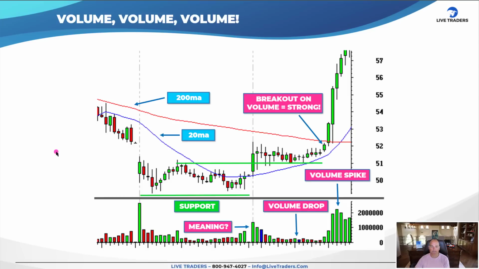We have a stock that is moving lower, declining moving average, and I want you to take a look at a couple things. It's really, really important. What do we see here? Right here. We see a green bar, and below the green bar, we see the biggest volume spike on the chart.